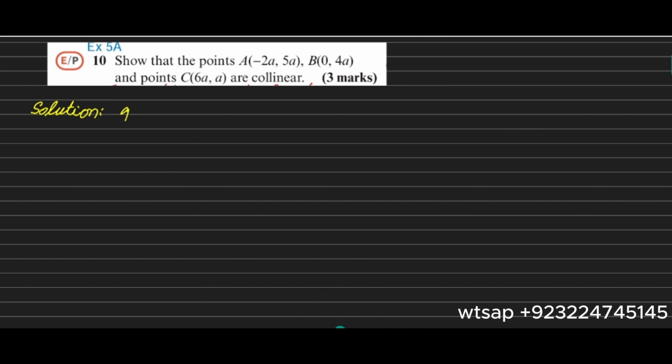Given A is (-2a, 5a), B is (0, 4a) and C is (6a, a).